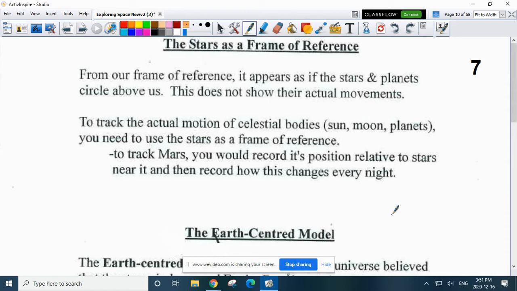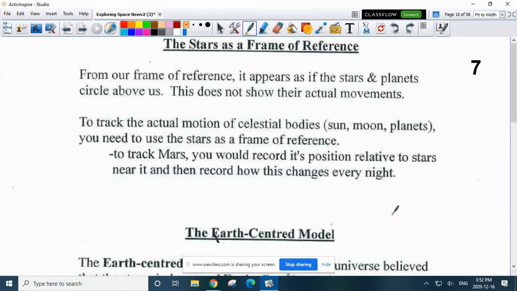The sun moves quite a bit, and the moon does as well, and the planets are moving. However, the stars are a good fixed frame of reference. Are they moving? Absolutely they are. However, in 10,000 years, to our eye, they'll shift maybe 1 millimeter in 10,000 years. So we can consider them to be a good frame of reference because they don't change very much.